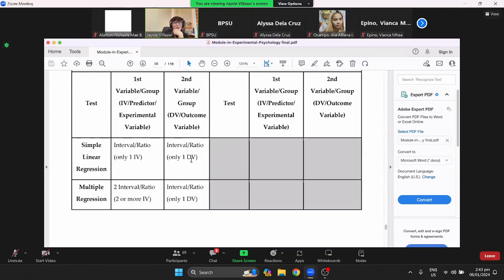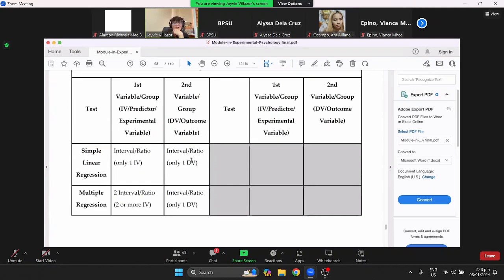Let's say, for example, we want to know if sleeping, or number of hours in sleeping, can predict the performance in a particular test. Pag kumpleto ba yung tulog mo, it can predict na magiging mataas din ang test scores mo sa isang particular subject. Can you follow?